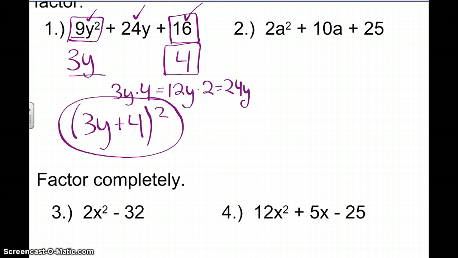So (3y + 4) squared is our answer. Now let's look at number 2. We have 2a squared plus 10a plus 25. Look at the first term. Is it a perfect square? The square root of 2 is not a whole number. So since this test fails, this is not a perfect square.